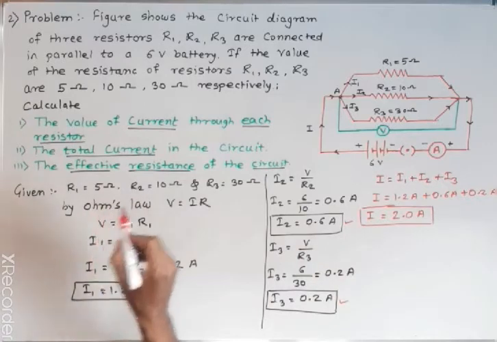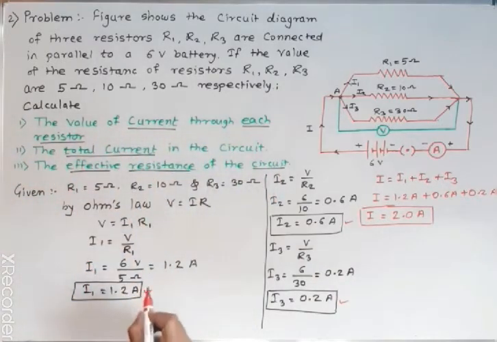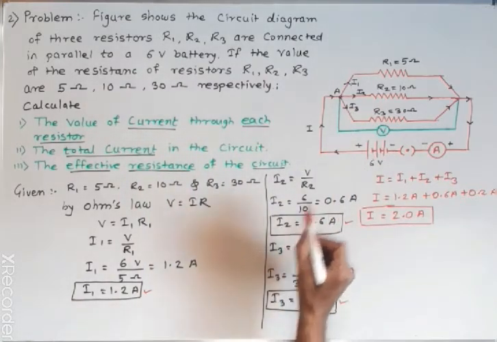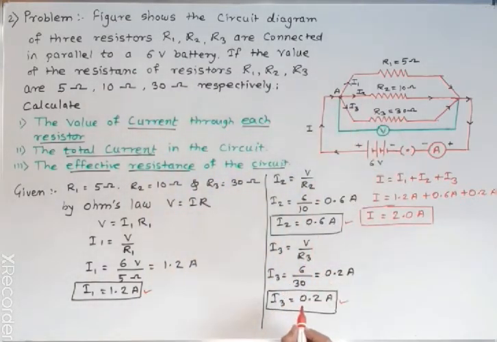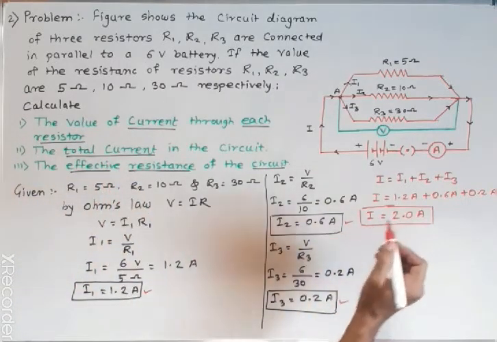So I have calculated the current through each resistor. I1 is the current of 1.2 ampere through R1, then 0.6 ampere is the current through R2, and I3 is the current flowing through R3, that is 0.2 ampere. Now the total current, by using Kirchhoff's law, I have calculated, that is 2 ampere.